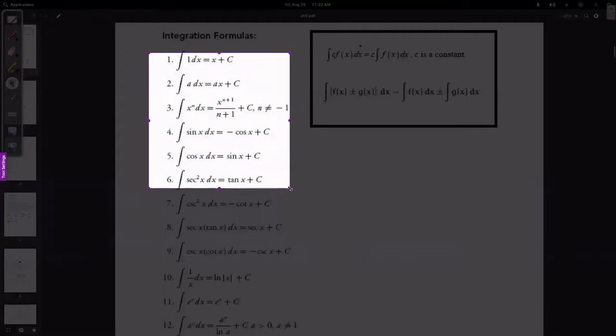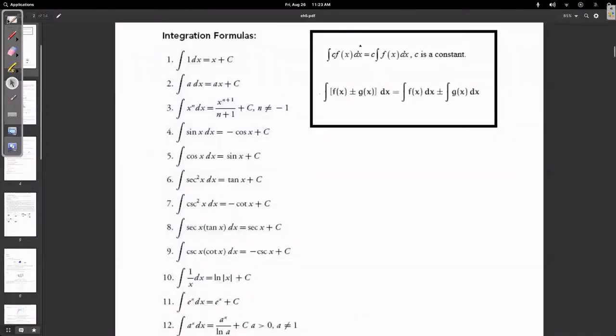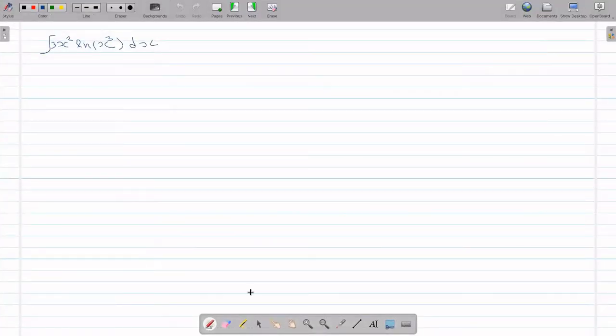I will get this formula. Okay, this one I write.